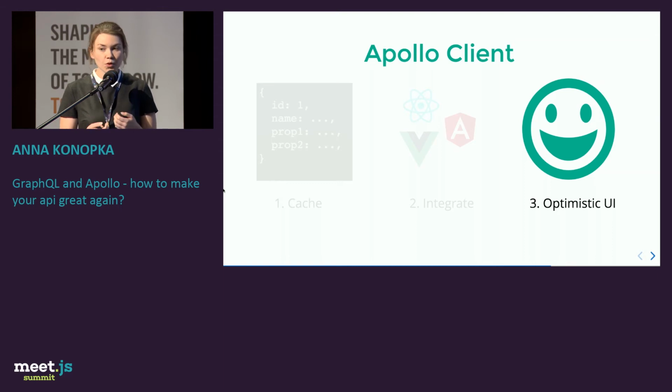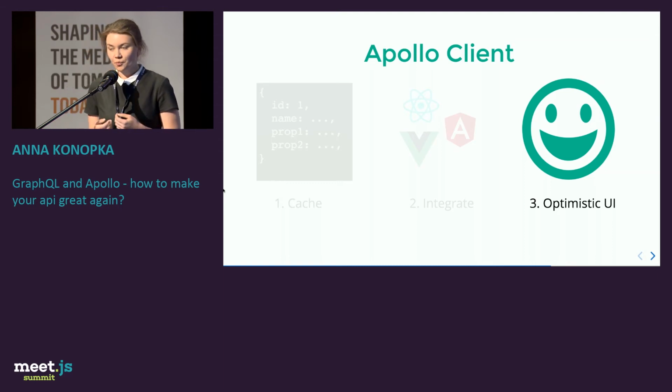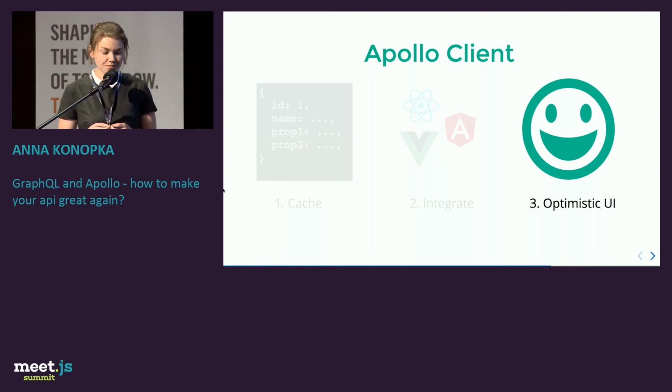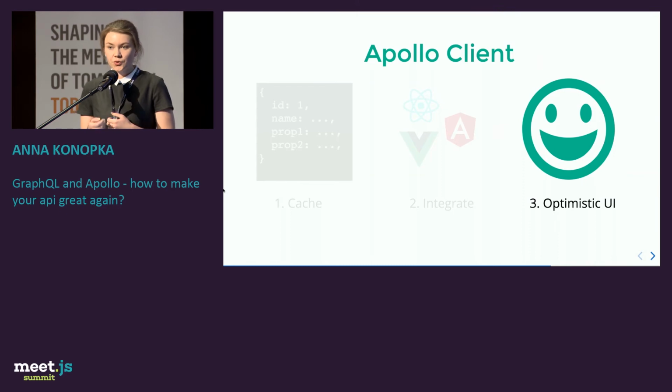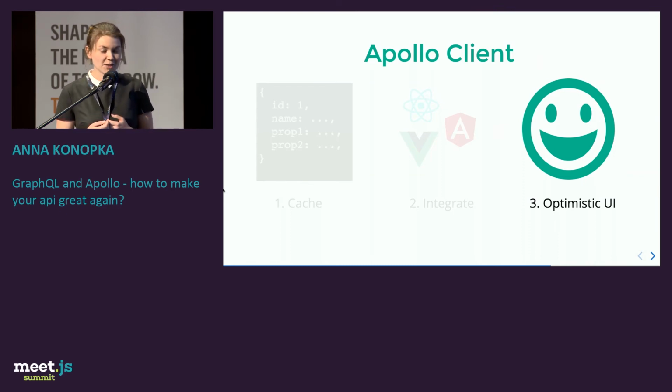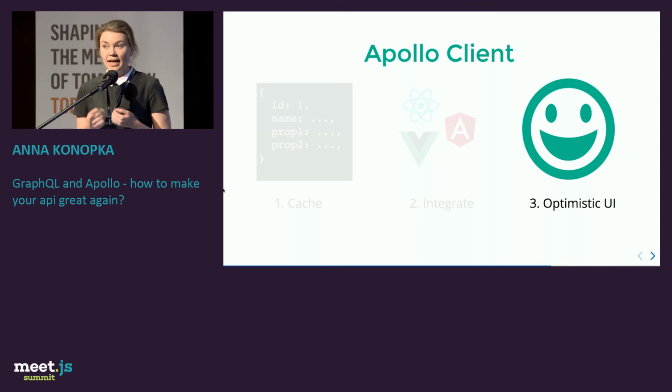And in Apollo, it's really easy to manage those changes inside our application state, because if we are doing that manually, it can get pretty messy, because we have to somehow revert the changes when we know that, unfortunately, an error happened.